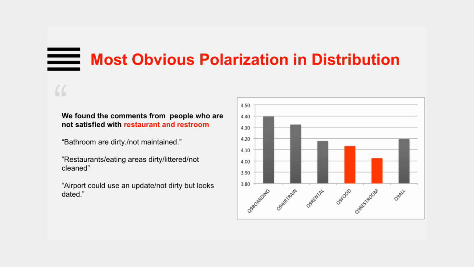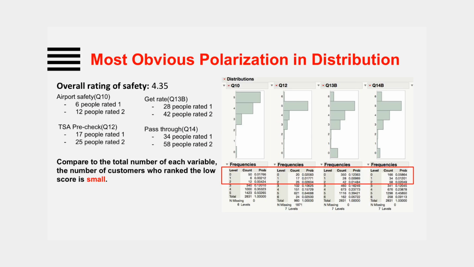And third, the airport could use an update. They look dated. Through this, we figure out some people really don't like the bathrooms and restaurants because they think they're dirty. So SFO really needs to solve these problems.